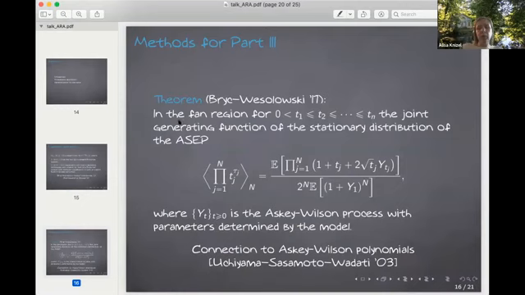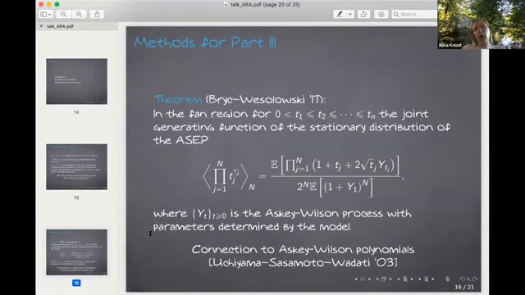This particular form of the connection between the stationary measure for the ASEP and Askey-Wilson polynomials is very useful for the asymptotic analysis.